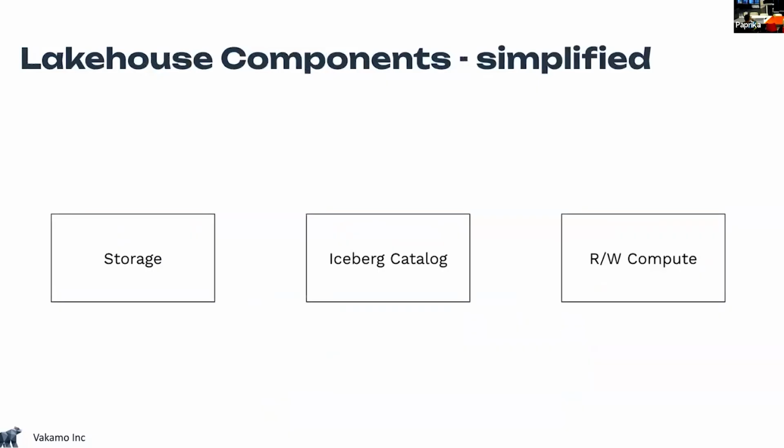But what's the Lakehouse? A very simplified kind of like slide about the Lakehouse. There are only 3 components what you need. And it's storage. It can be like S3, any object storage. Compute, Spark, Python, Databricks, Snowflake, Trino, Starburst, you name it. And a catalog that is taking care of everything about the lifecycle management, about the access.